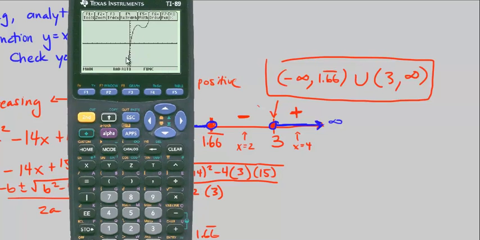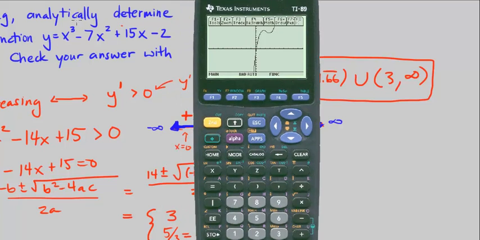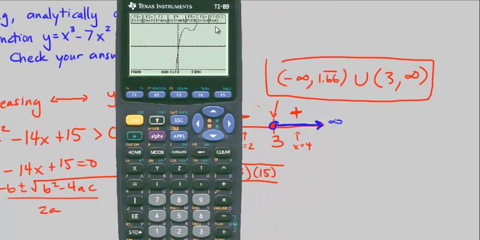And yes, I can see that the graph is a cubic function in nature, so it goes from negative infinity increasing until this point right here, right? Which I hope is 1.666, right? And then it decreases for a while, and then it increases again, starting at where I hope is 3.